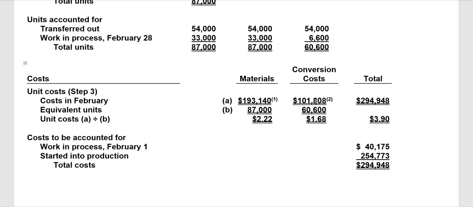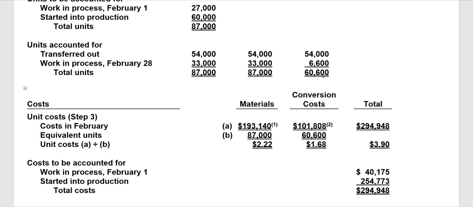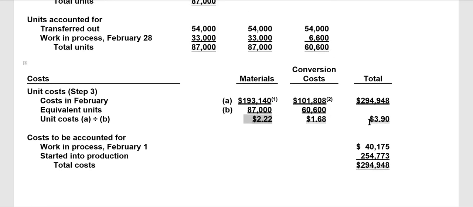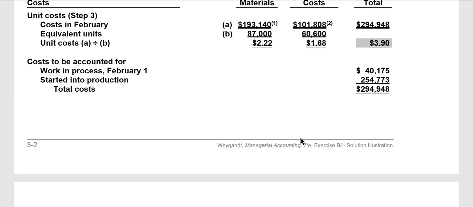We take the 101,808, which is your total conversion cost for the month of February, and we divide that by the equivalent units for conversion cost, and that gives us a total of $1.68. The sum of these two, the $2.22 plus the $1.68, gives us the total cost per equivalent unit of $3.90. So for every unit that we complete, that would be the cost that is assigned to the completed units.